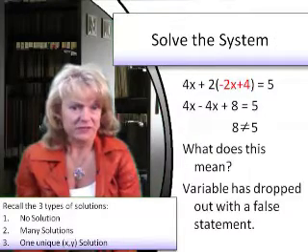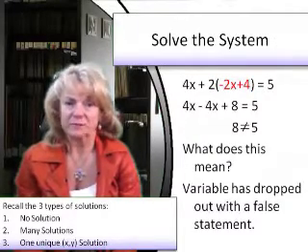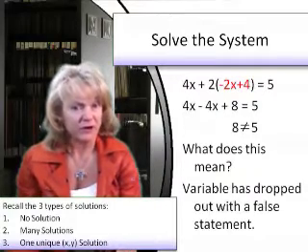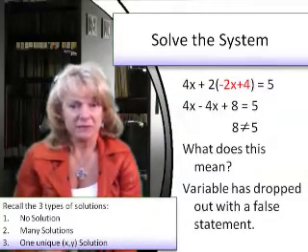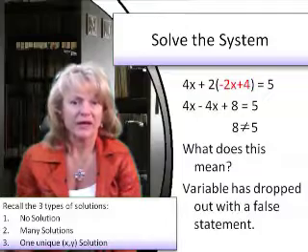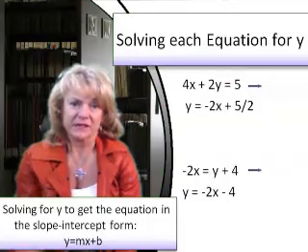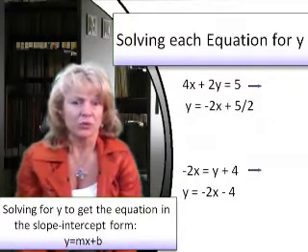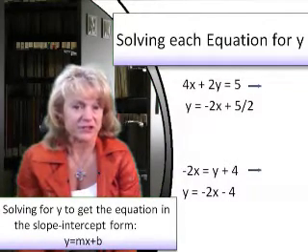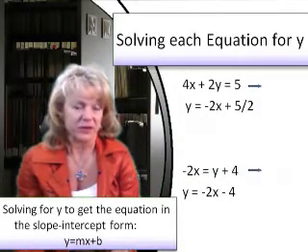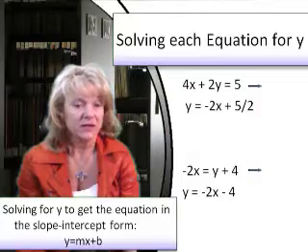Now something different happened here. We expected to be able to solve for the x variable, but instead both variables have dropped out. On top of the variables being gone, we have a false statement. The purpose of this slide is to show us what the variable dropping out with a false statement means. What I've done here is I've solved both of the equations for y.